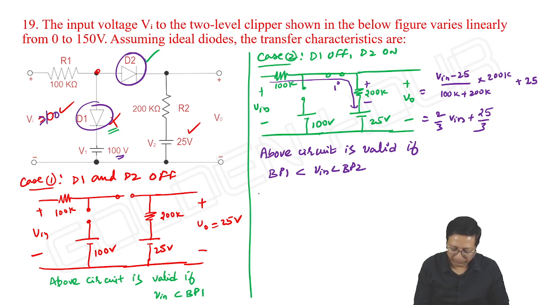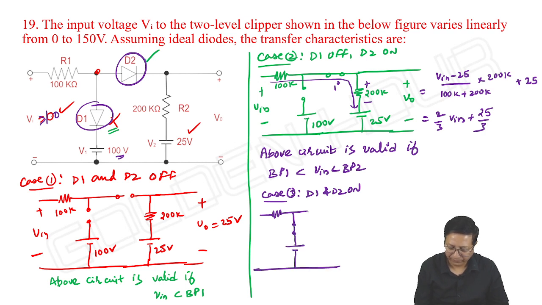Case 3: both D1 and D2 are on. What is the possible circuit? 25 volts, 100 volts, 200K, 100K, output, input.